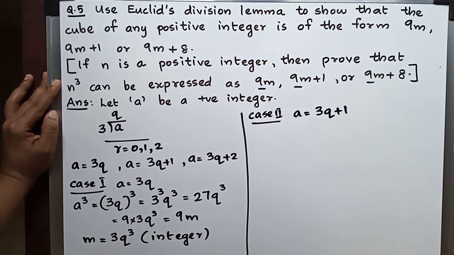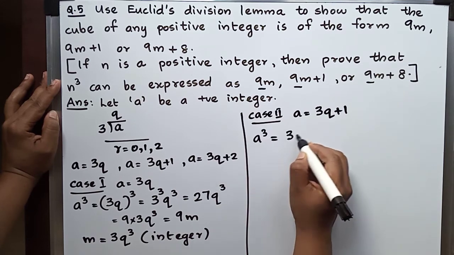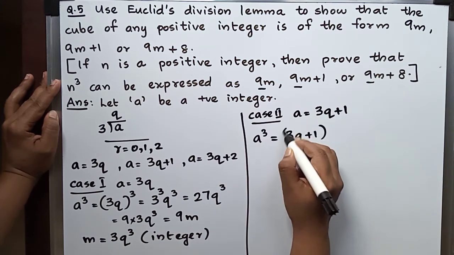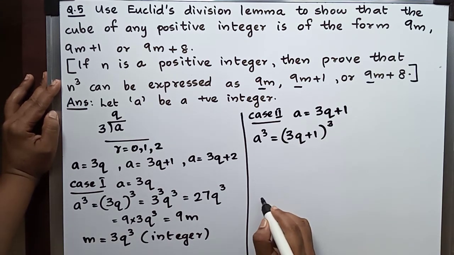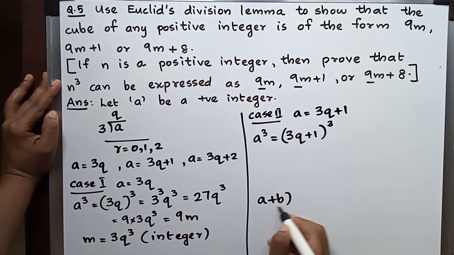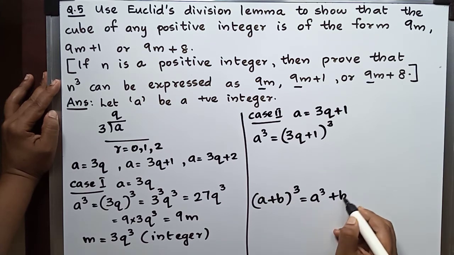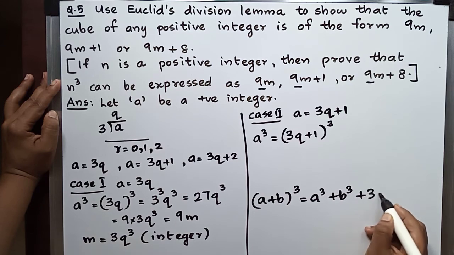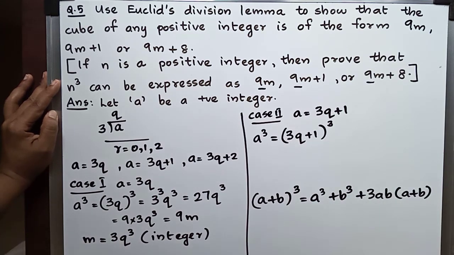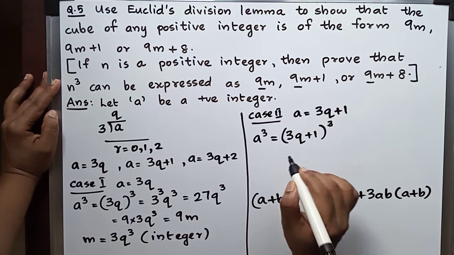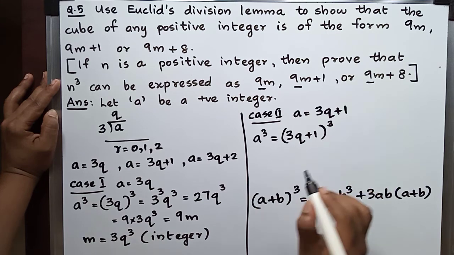Now we are moving to the second case, case 2, where a is 3q plus 1. So a cube is equal to 3q plus 1 the whole cube. We have learned the expansion of a plus b the whole cube: a cube plus b cube plus 3ab into a plus b. So here in place of a we have 3q and in place of b we have 1.